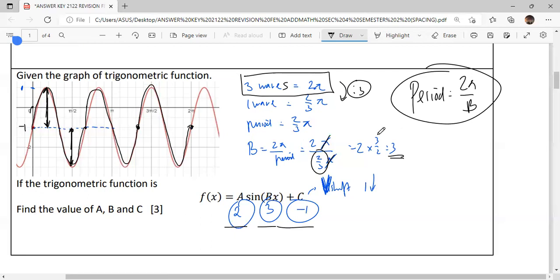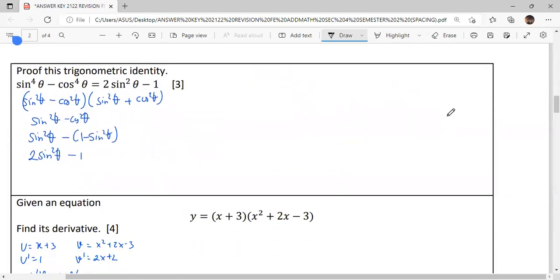Okay, next. Prove this trigonometric identity. This is quite simple. Sine square plus cos square equals 1. So anything multiplied by 1 is 1, right? Anything multiplied by 1 is the number itself. And then we're done with this, sine square minus cos square, but it's not done yet.